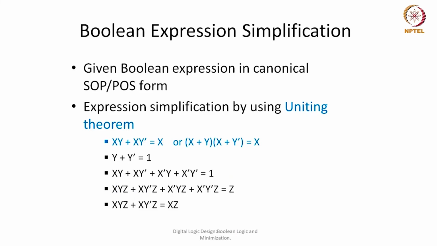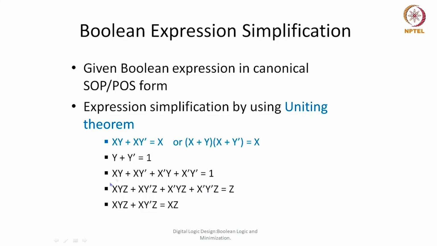In other words, if all four combinations of my truth table, 0 0, 0 1, 1 1 and 1 0, are present, then I can say that the expression is always 1. So let's say the expression is xyz plus xy dash z plus x dash yz plus x dash y dash z.